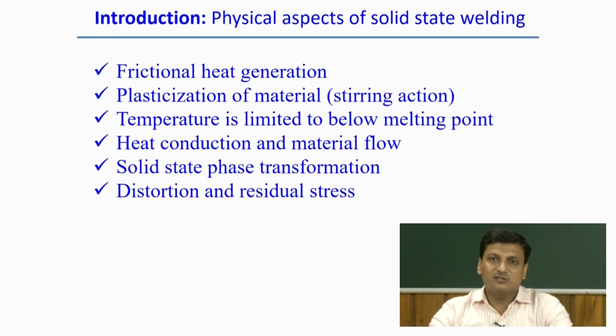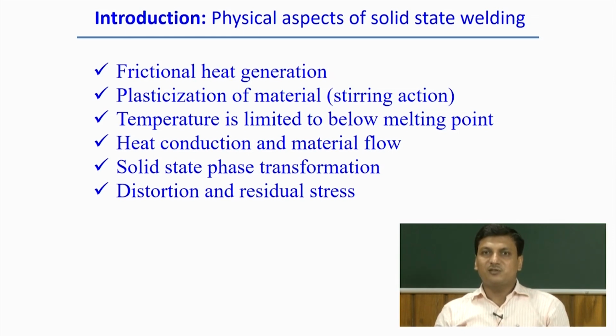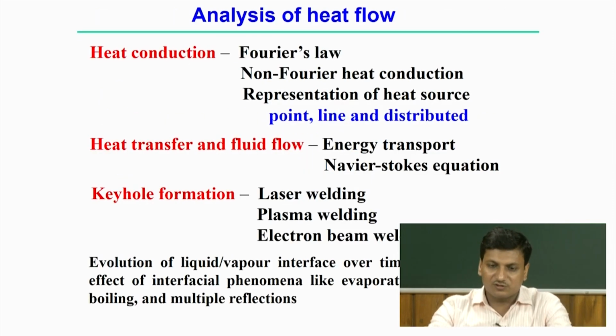Like fusion welding, there is some residual stress generation, but the distortion level in solid state welding is normally very low compared to fusion welding. These are the typical advantages, or differences, of solid state welding compared to the fusion welding process.